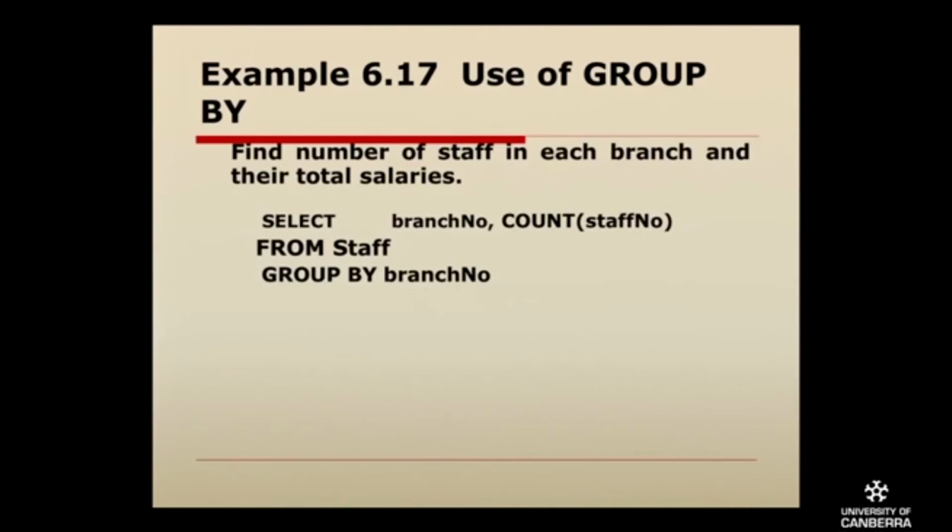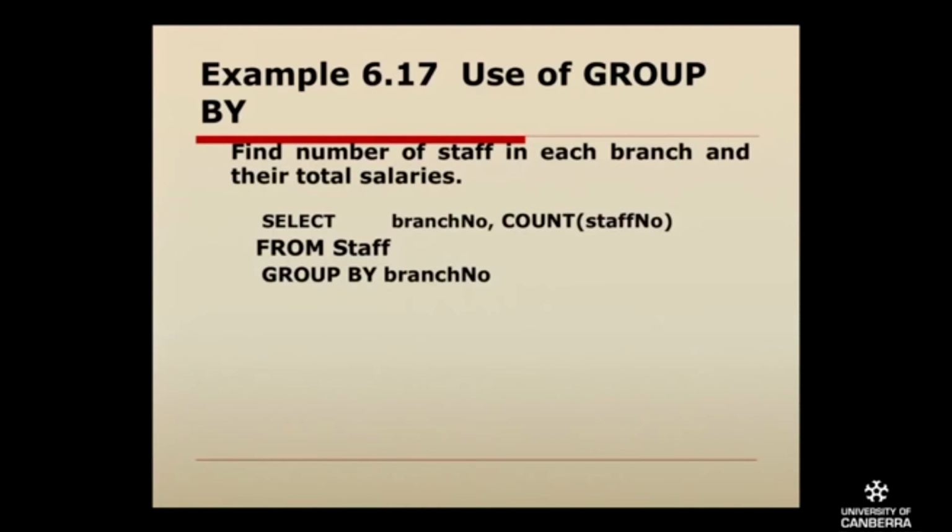Let's move on to the next one: find the number of staff in each branch. This is very important, because this is the first time you encounter group by. Here we want to find out, for each branch, the group of one or more staff that may be working there. We are displaying one attribute followed by a grouping of rows of a table.